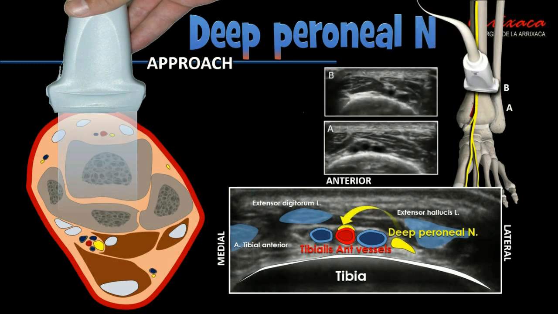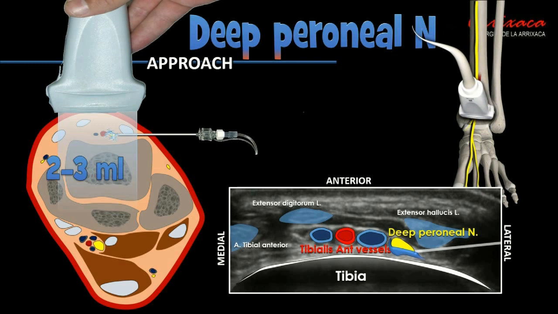We will then approach the nerve in plane from lateral to medial in the most caudal part, where the nerve is located lateral to the anterior tibial artery. 2 to 3 milliliters of long-acting local anesthetic will be injected.